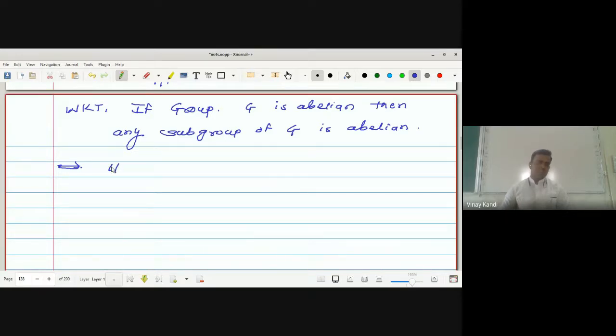Okay, that means this factor group Hi plus 1 upon Hi is what? Abelian. And by the definition of composition series, it is again simple. Okay, simple group for all i. Any doubt up to here?